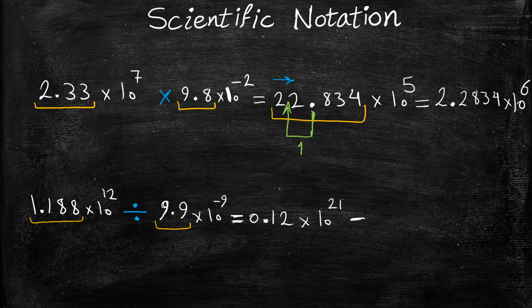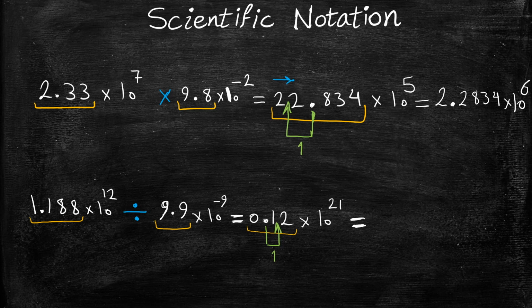So we have to convert this one to scientific notation as well, just like we did for the answer of the multiplication. Similar process. This is not scientific notation, so we have to shift the decimal point from where it is in the original number one position to the right.